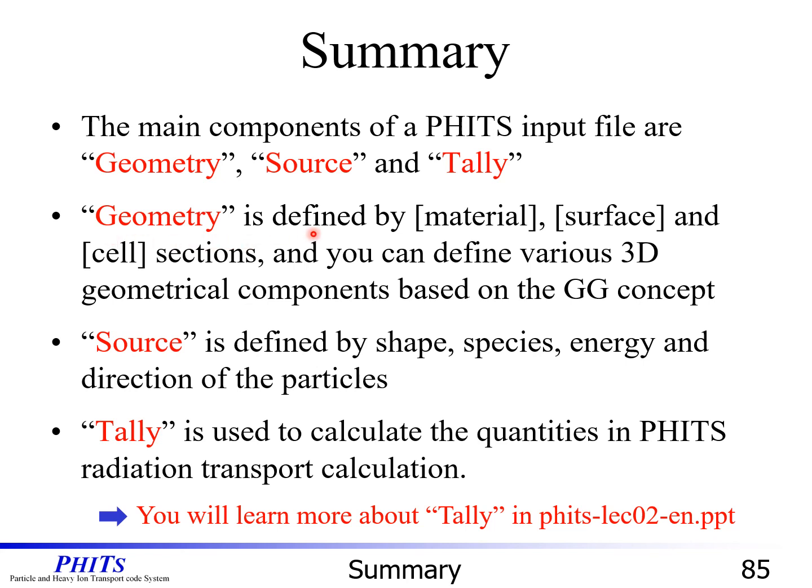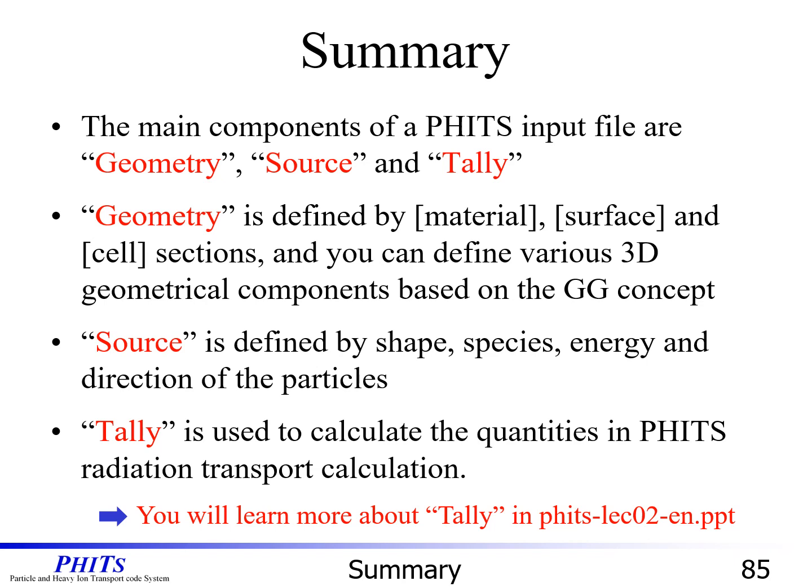Geometry is defined by the 3 sections, material, surface, and cell sections, and we can define various 3D geometrical components based on the GG, general geometry concept. Source is defined by 4 points: shape, species, energy, and direction of particles. Tally is used to calculate the quantities in PHITS radiation transport calculation. This will be explained in basic lecture 2.